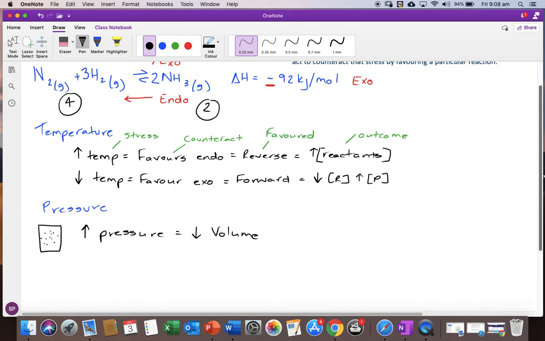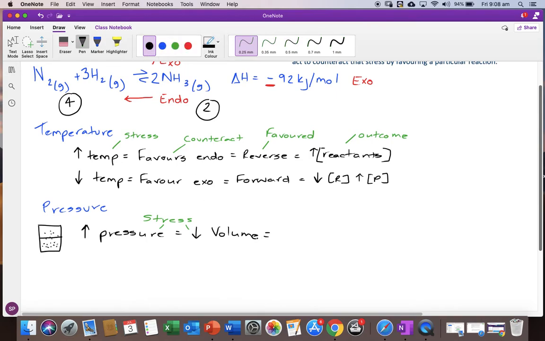If you decrease the volume, so you suddenly give the gas molecules half as much space as they first had, all of our little molecules are now stuck down the bottom here, and there's an increase in pressure in that system, because pressure is determined by these molecules bouncing into the outside of the container. So when you increase the pressure by decreasing the volume, this is our stress. Both of those two things are considered a stress because they are the same thing.